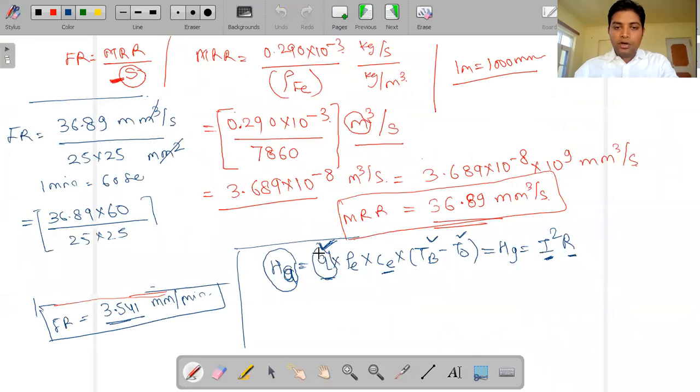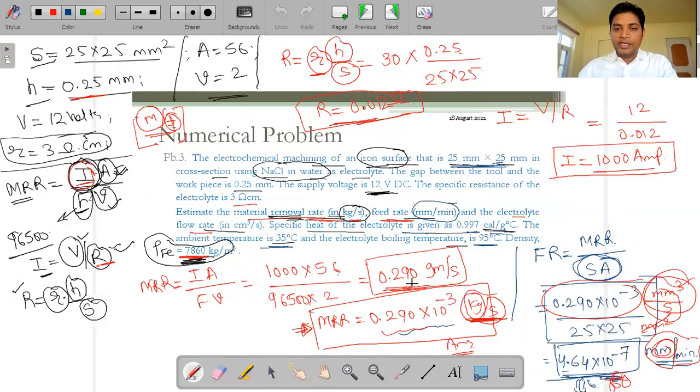Now we have to calculate Q, and rho E is the density of the electrolyte. Let's check whether this value is given.